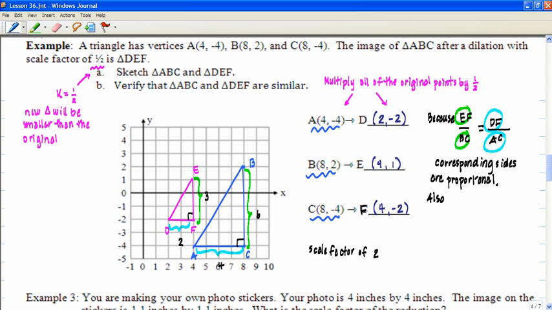Also, angle F and angle C are 90-degree angles. So, triangle ABC is similar to triangle DEF by side-angle-side. And again, you must state the similarity theorem. It's not the theorem for congruence. They're obviously not the same triangle.